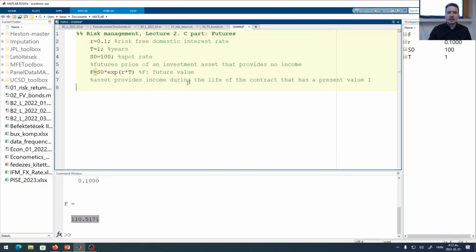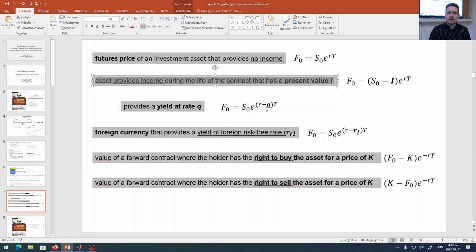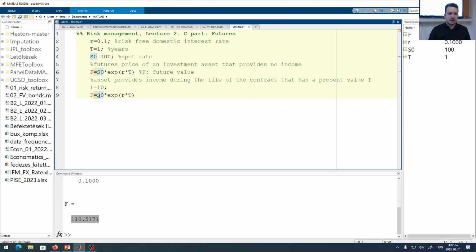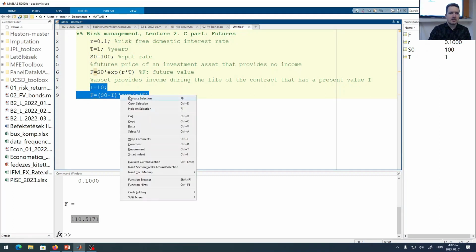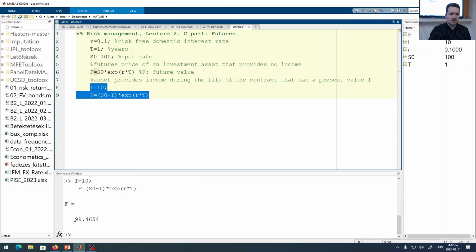Okay, the asset provides income during the life of the contract, which has a present value I. So I equals 10. Then its future value will be, if they are paying any kind of money, then this value is decreasing.